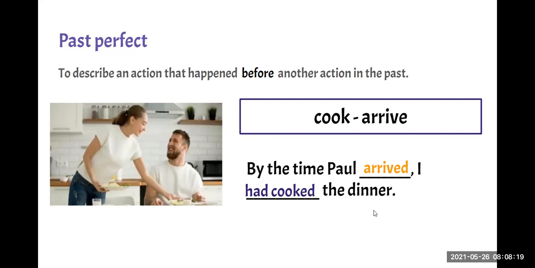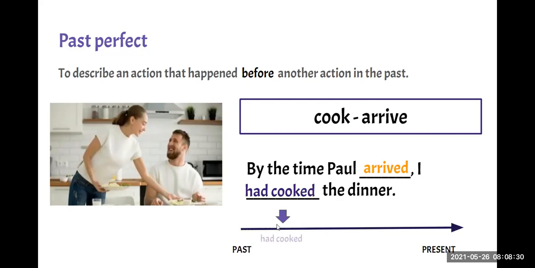I had cooked. This action happened before, right? Here we have the timeline: the past, the present, and the action that happened before was had cooked. This happened before, and after that, he arrived. So remember, we use it when describing an action that happened before another action in the past.